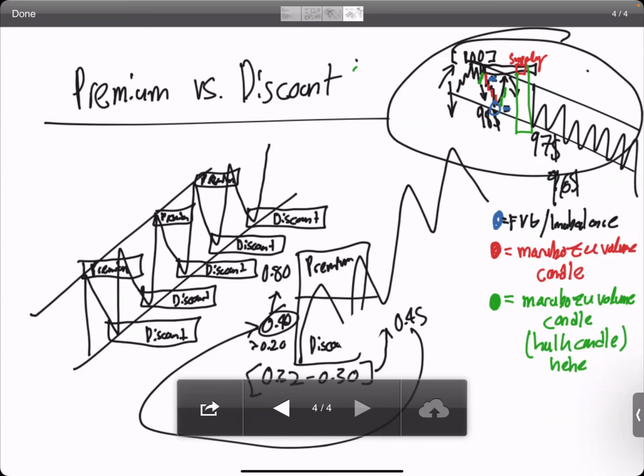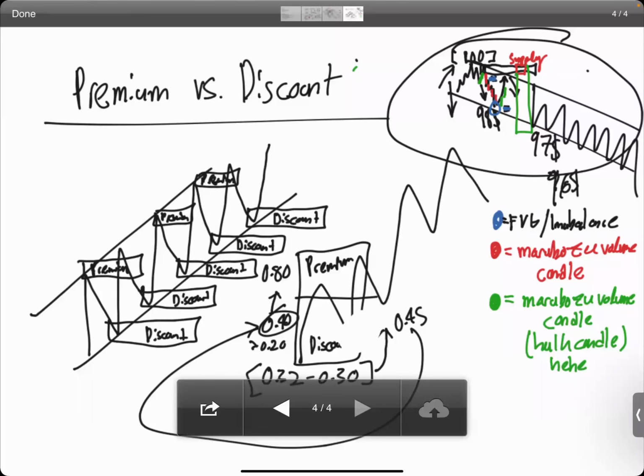After price sells off from supply with volume, long body candles, right, not the smaller ones, we could anticipate price to return back to that zone before putting in possibly another lower low. And today we're going to dive a little bit deeper into that structure and why price may do what it does based upon Richard Wyckoff's theory.